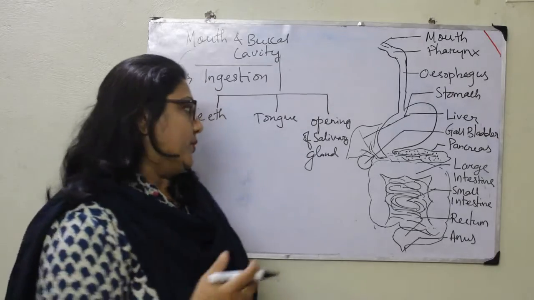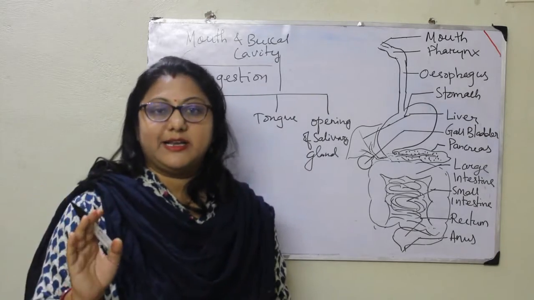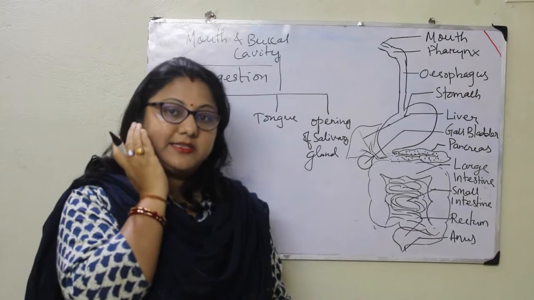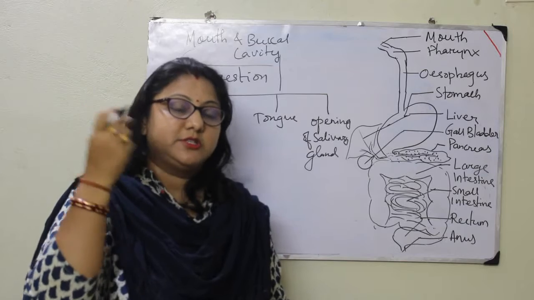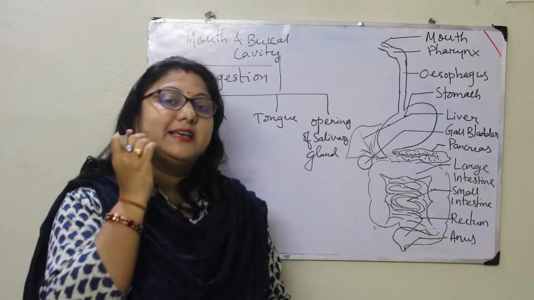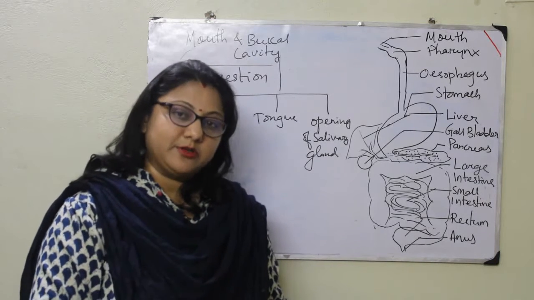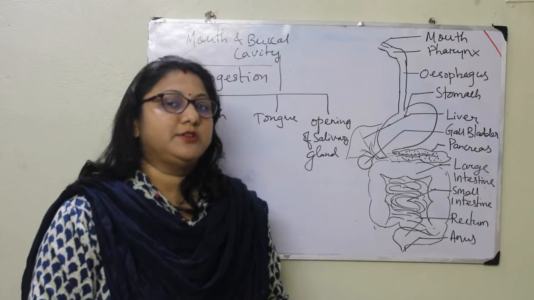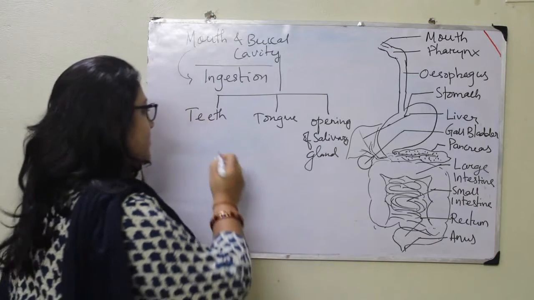Right, the salivary gland is not a part of the buccal cavity. Rather, it is present on the side of the buccal cavity, and the ducts which bring the secretion of this gland open into the buccal cavity. That is why when we read about the buccal cavity, we also have to read about the role of the salivary gland.